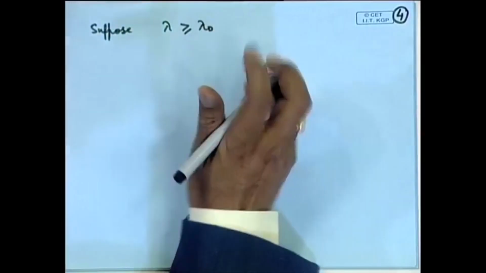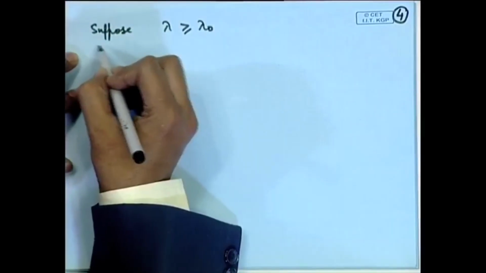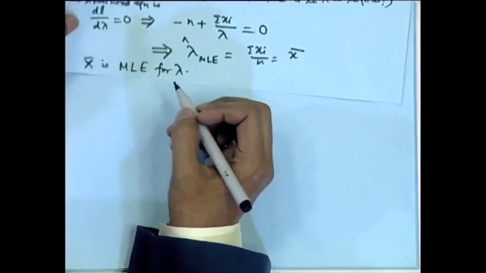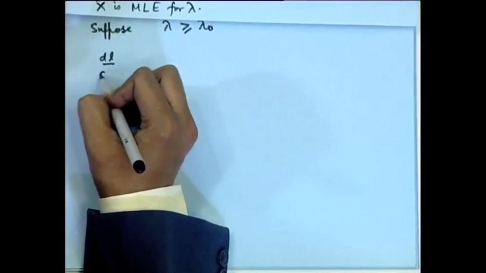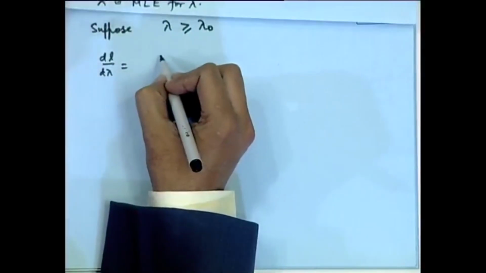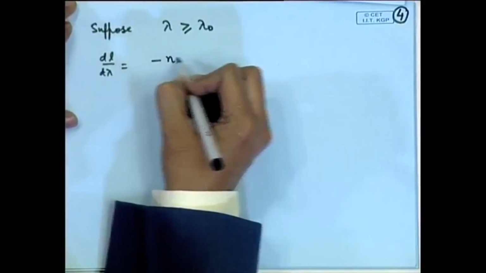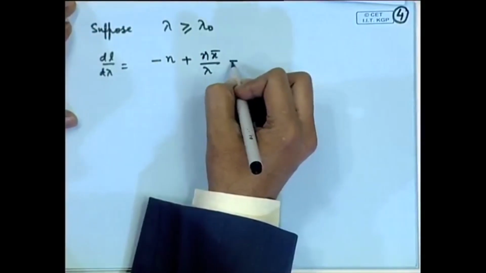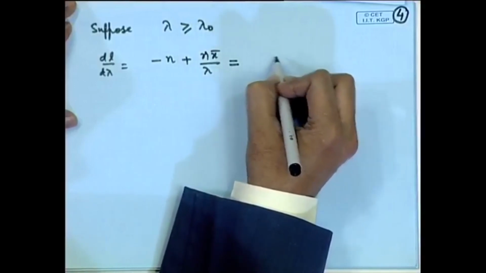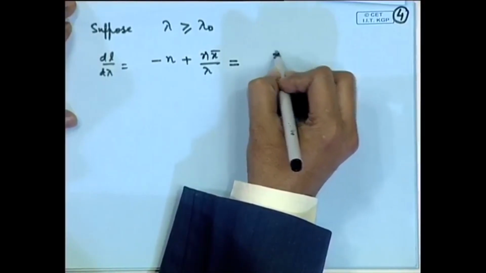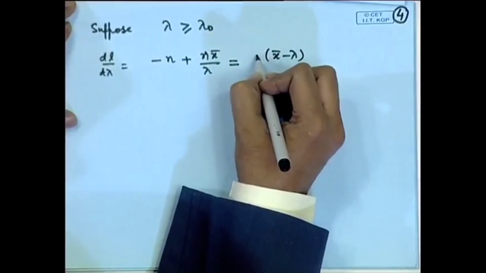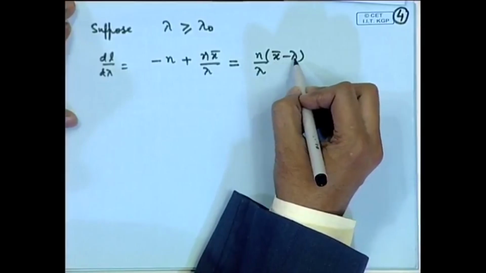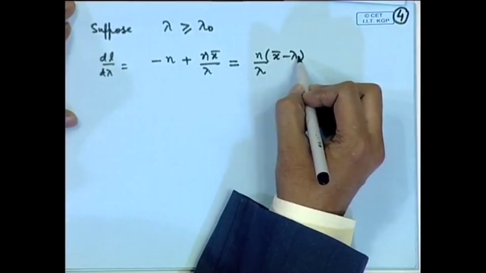So, what do we do? Consider the behavior of the likelihood function. What we are getting is d L by d lambda equal to minus n plus n x bar by lambda, that we can write as n times x bar minus lambda by lambda, that is n x bar by lambda minus n.